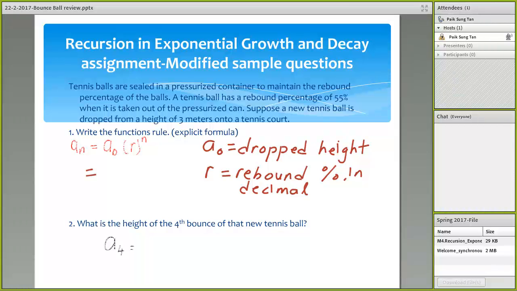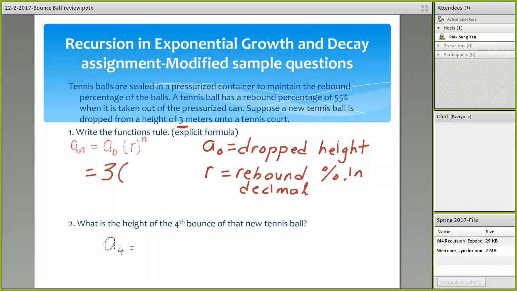Okay, so we have this number, so we know what the original drop height is, right? The original drop height in this case is 3. It was dropped from 3. So what if they change the drop height? Then you would change your formula by changing that number 3.